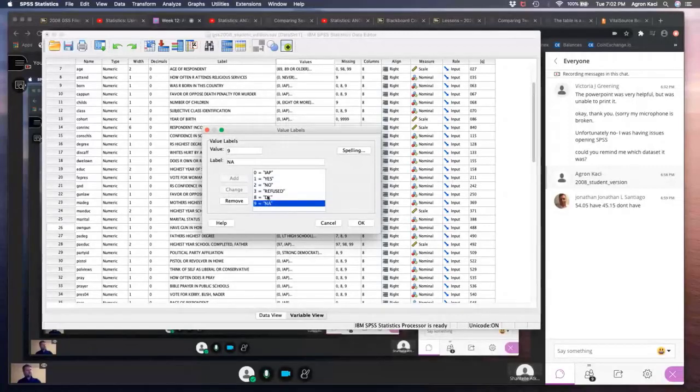Inapplicable, refuse, don't know, not applicable are not valid answers. Yes and no are valid answers, and they constitute two groups. Two groups is perfect for a t-test.